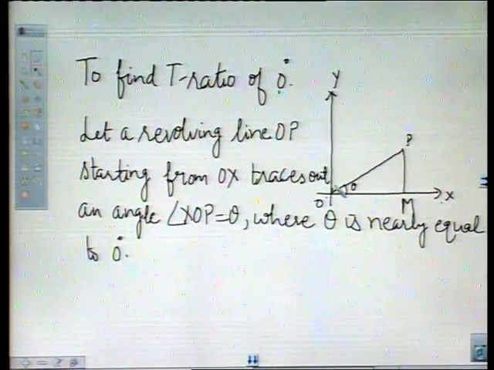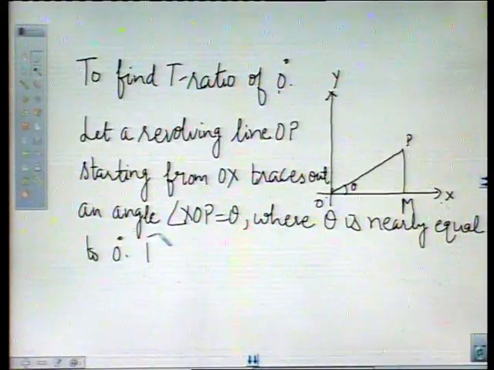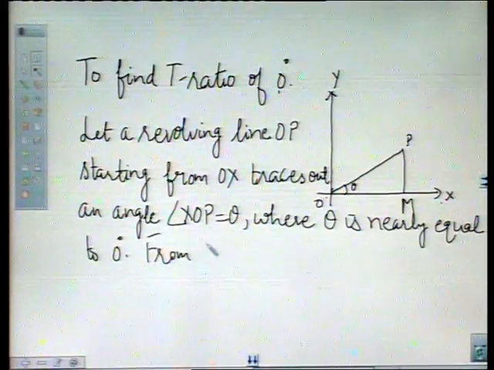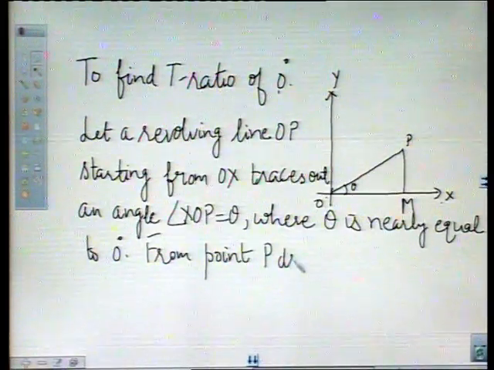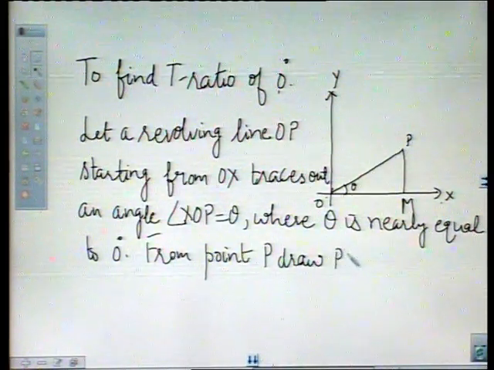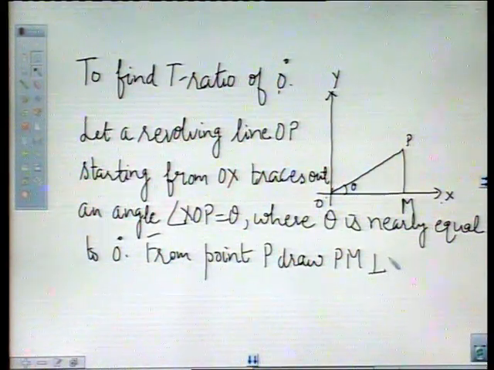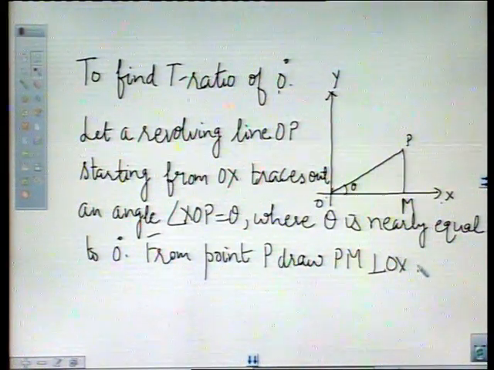Now, from point P, draw PM perpendicular to OX.